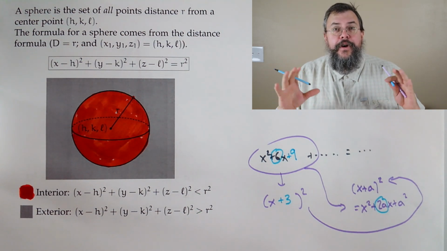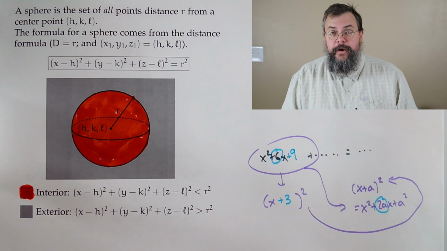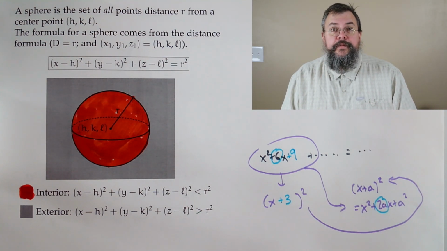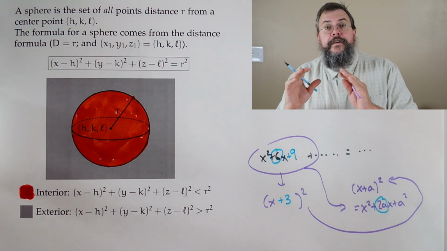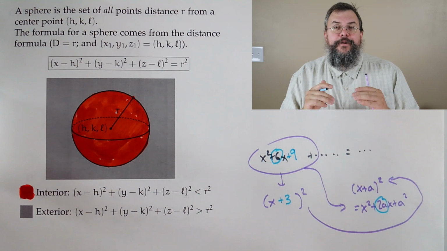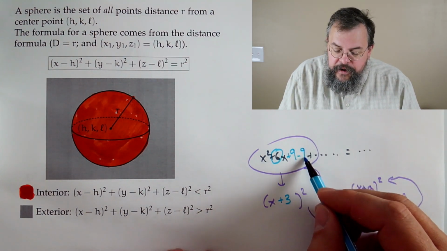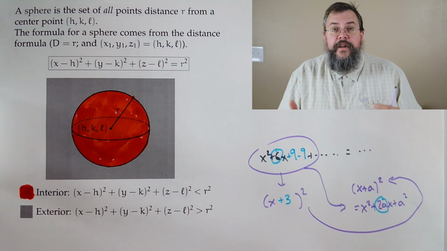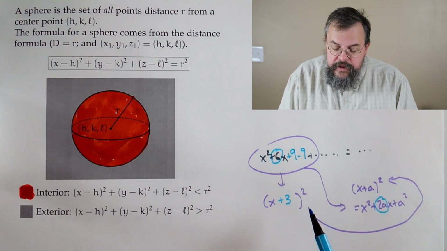We want to make sure we're still doing the same thing, just writing it in a different way. So how do we balance it out? Well, this is a beautiful old trick. If you've never seen it before, it's really cool. You subtract 9. Really, whatever you add, you also subtract, so that the net result is adding 0.